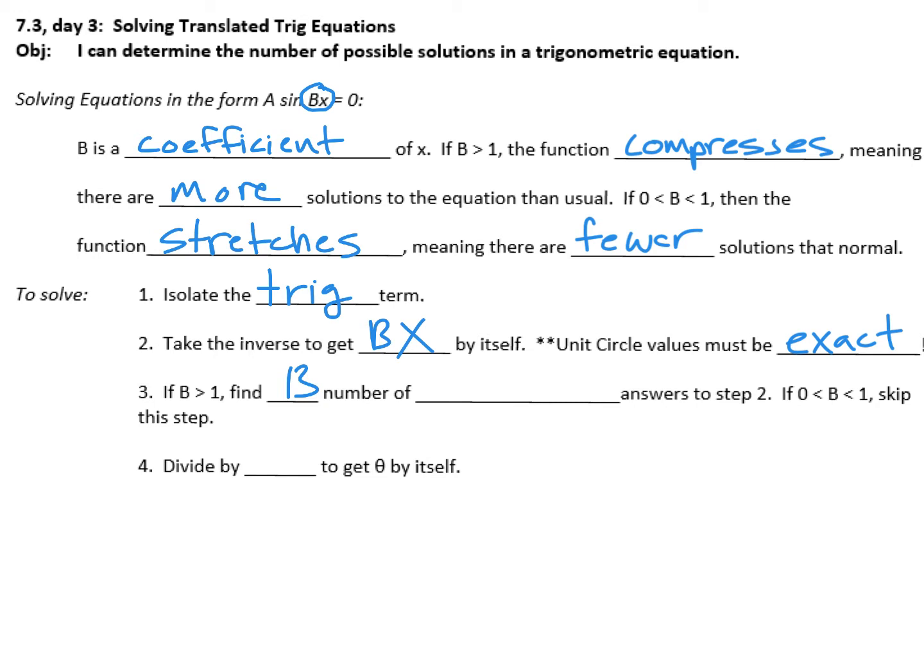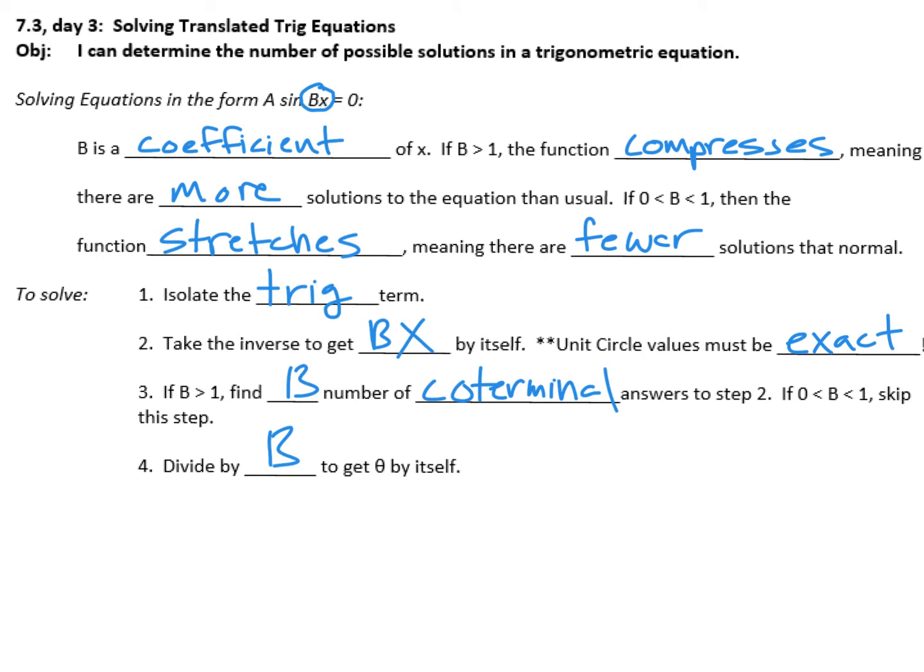If b is bigger than 1, find b number of coterminal answers to step 2. In other words, if b is 3, do 3 coterminals. That's what it's saying, okay? If b is 3, do a coterminal to get 3 answers. If b is 4, do 4.